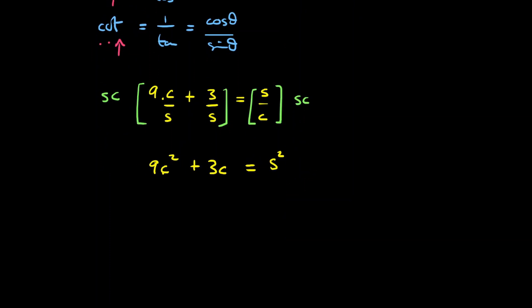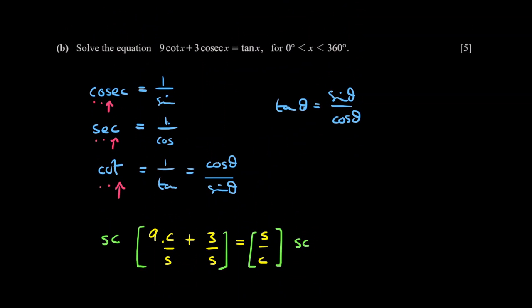Now, I've got coses on the left-hand side and a sine squared on the right-hand side. So I think what I'll do is use the identity that sine squared is 1 minus cos squared, okay? So hopefully you should also know, along with the identity that tan is sine upon cos, the identity that sine squared plus cos squared is equal to 1.